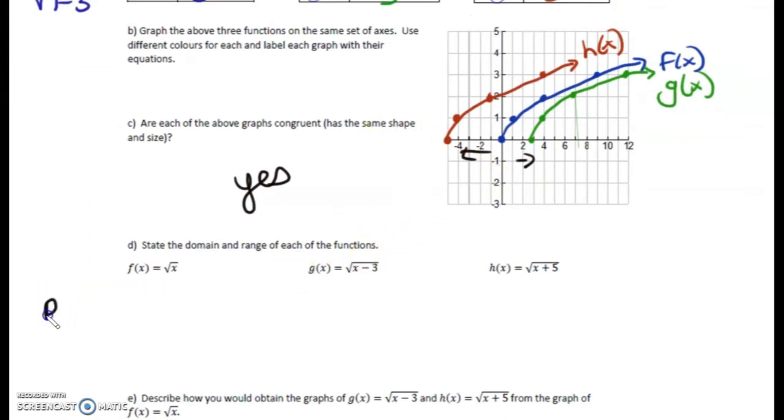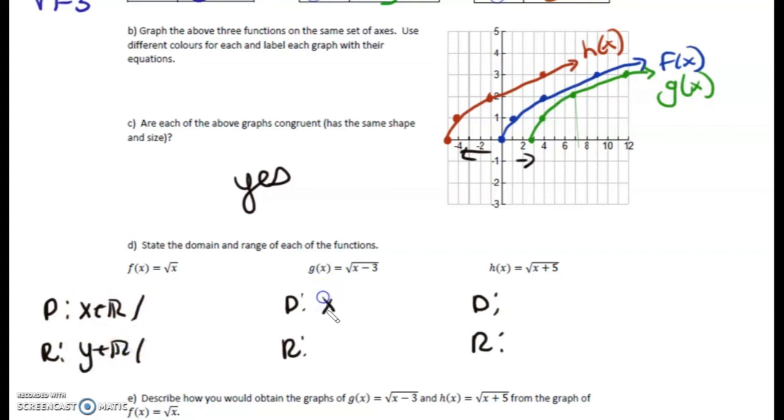Now, I'm going to set up the domain and range for all three of these, and we set them up all the same. Okay, so formally, our domain is x is an element of the real number system, such that, and the y as well. For these ones, we're going to have a restriction on both the domain and the range.